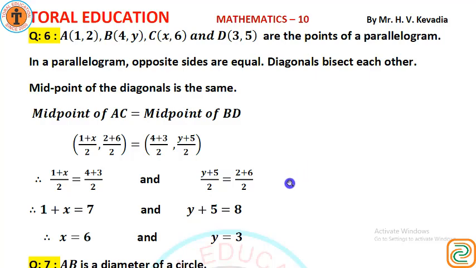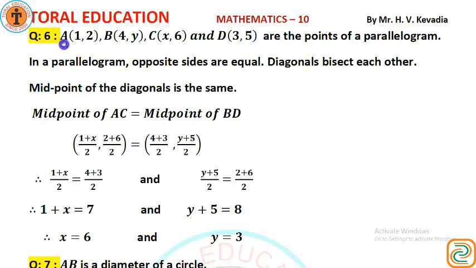Question number 6. If (1, 2), (4, y), (x, 6) and (3, 5) are vertices of a parallelogram taken in order, find x and y. Friends, remember that ABCD is a parallelogram.